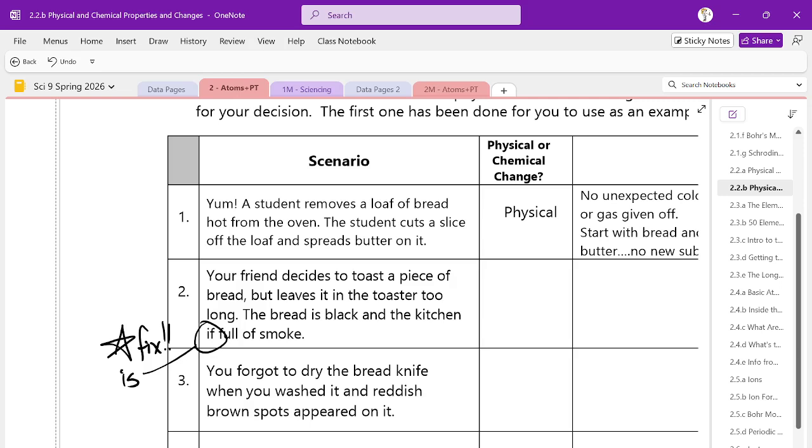If anyone missed showing me their homework at the beginning of class and would like to come and show me their homework right now, you can do so.